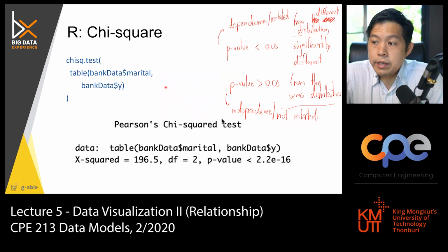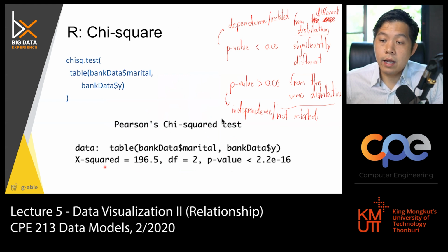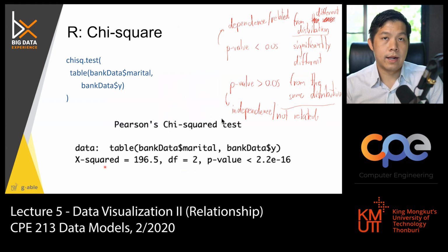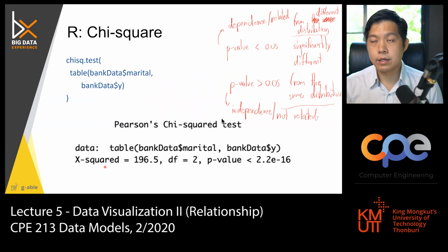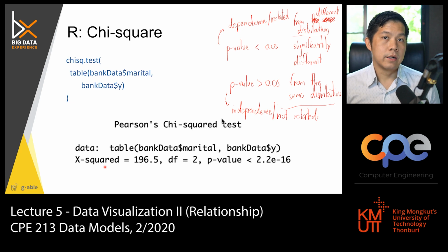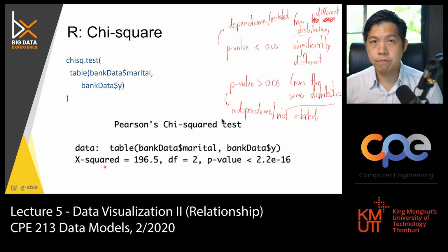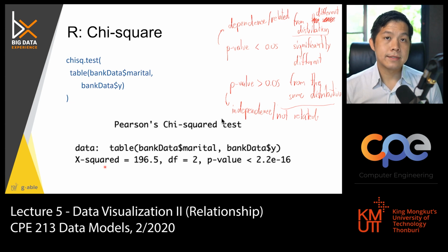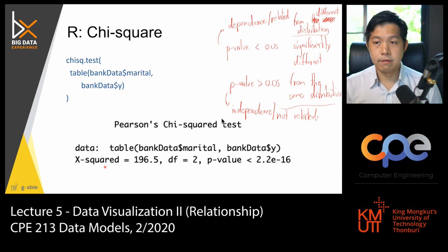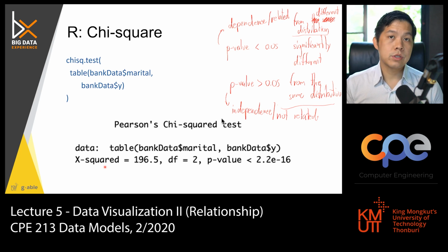Or simply speaking, if you are not looking at the p-value, if the chi-square is a large value, it means that the two variables are related to one another. If the chi-square value is small, it means that they are not related. Bioinformaticians use this technique to determine relationships between genes. Our DNA has the code called ATCG, which you might have learned in biology class, and those codes have been used to find association with disease.